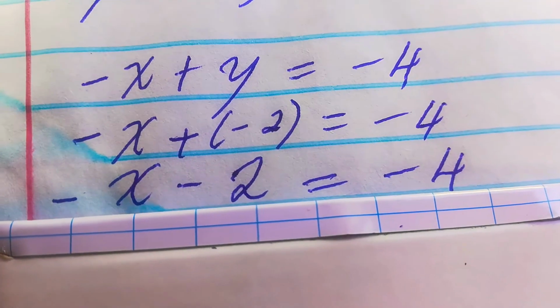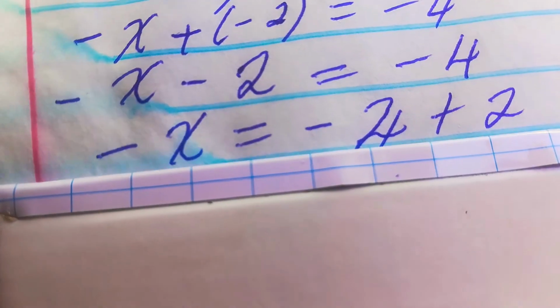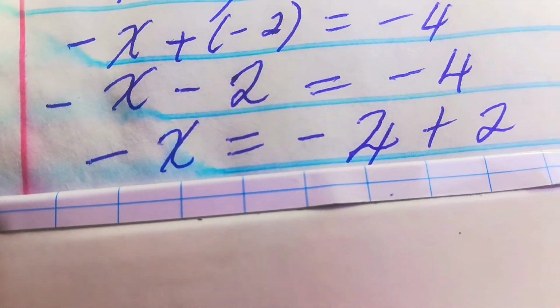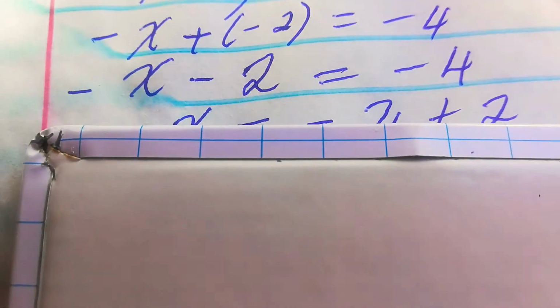Now, once we have done that, we're going to put like terms together. So here we have the minus x. We take the minus 2 and transpose it, and it becomes minus 4 plus 2.